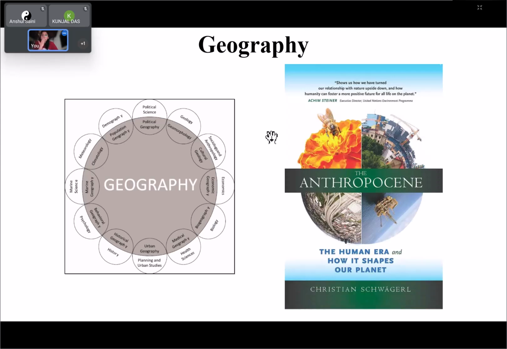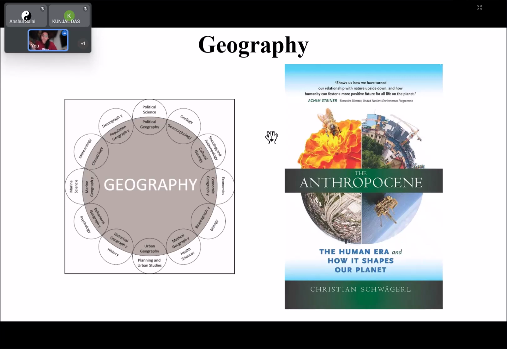Now, conservation we have understood, right? Conservation is to upkeep something with the help of others. But what is geography? When you look into geography, the first thing that comes to your mind is that geography is studying organisms and landforms and whatever you see around us. But that's not all it covers.